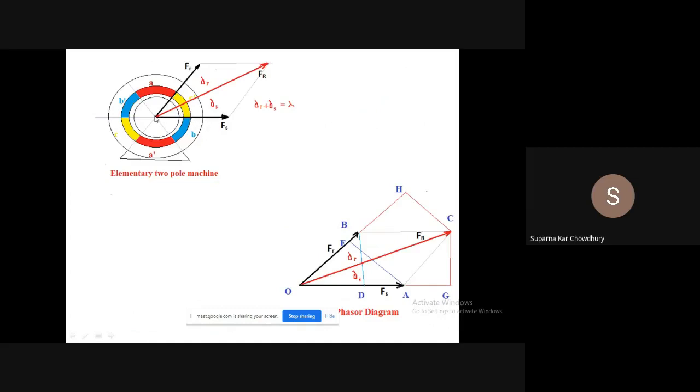So we can consider that Fr and Fs, that is the rotor field and stator field, are positioned like this with respect to one another. So in the air gap, what will exist is the resultant field, the resultant of these two, Fr and Fs, which is this F capital R. Now, what is the magnitude?